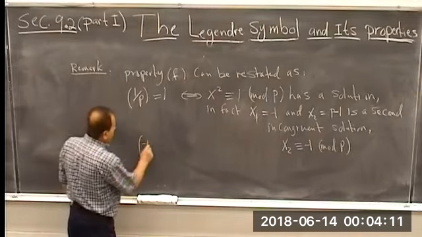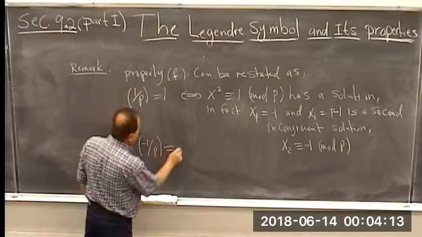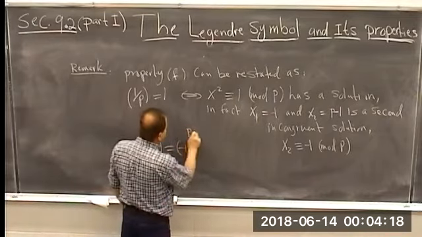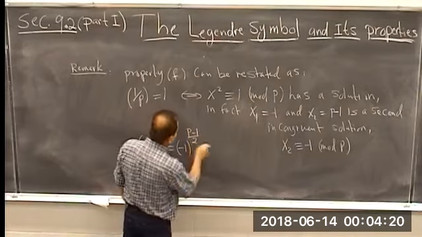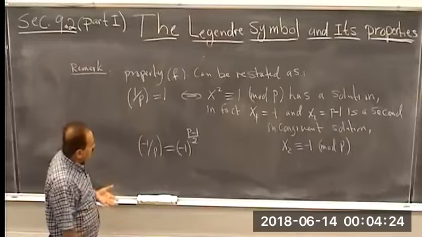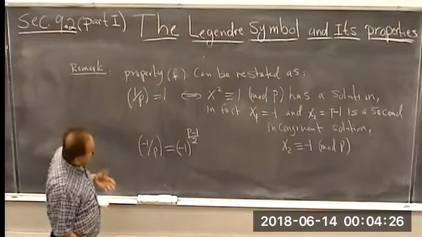The other one equals negative 1 to the power (p minus 1) over 2, and it's written in terms of whether the prime p is of the form 4k plus 1 or 4k plus 3.